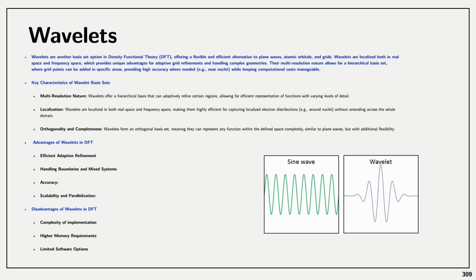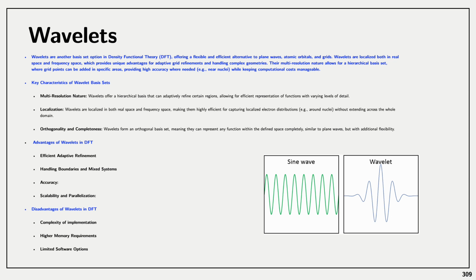You can treat both of them using the localized and delocalized aspects of the wavelets. And you can have this multi-resolution in the sense that you are no longer forced to pave the space the same way as you would in plane waves. I find this very exciting.